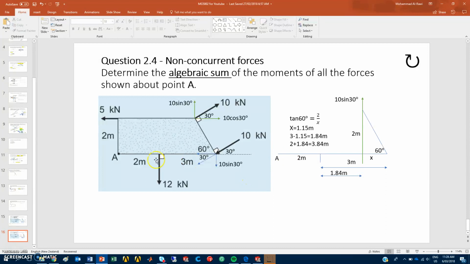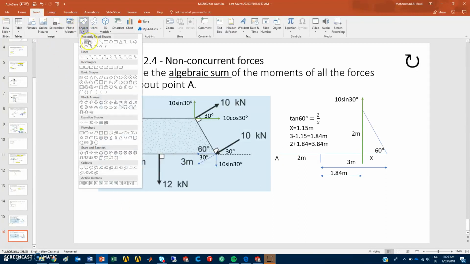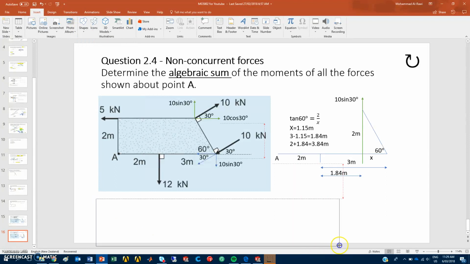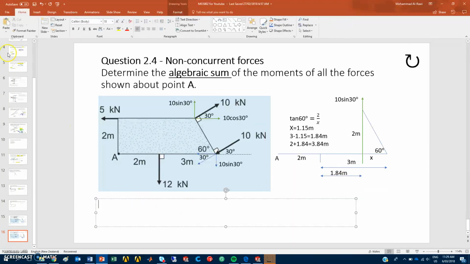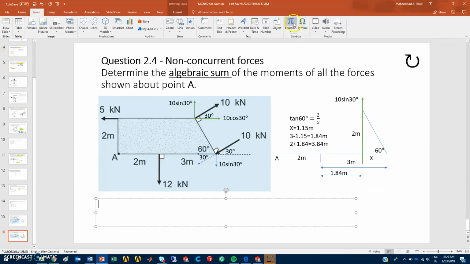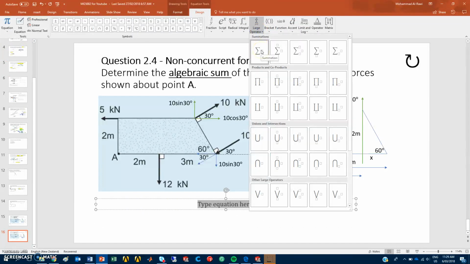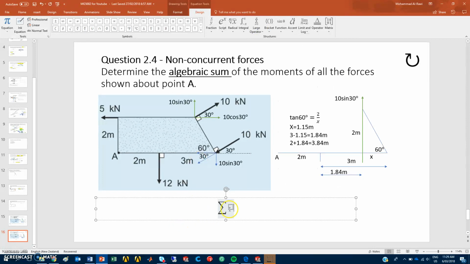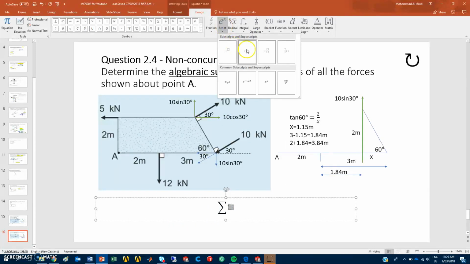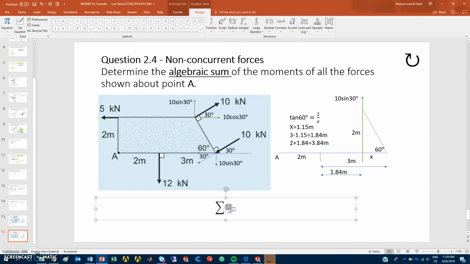Now, since we found all the dimensions, I'll go through it one by one and show you how it works. So we start again here, a new line for our equations. We say insert equation. Since we're writing an algebraic summation, I will choose the large operators, and then I will use, for example, a moment around point A. Why?